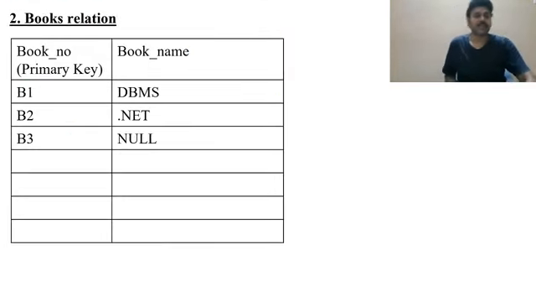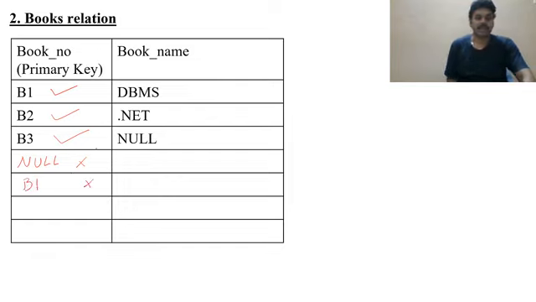Let us look into another example based on primary key. Friends, you observe carefully. B1 is valid, no duplicate. B2 also valid, no duplicate, no null. This is also valid. If I am keeping a null, then the problem arises. If I am keeping a duplicate, then the problem arises.